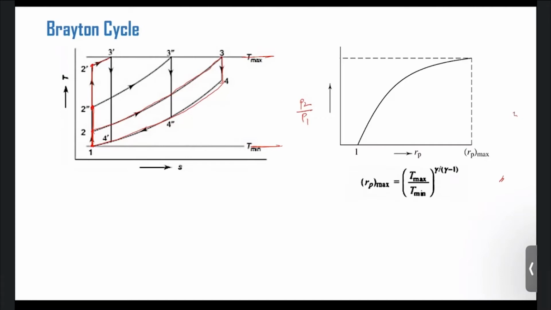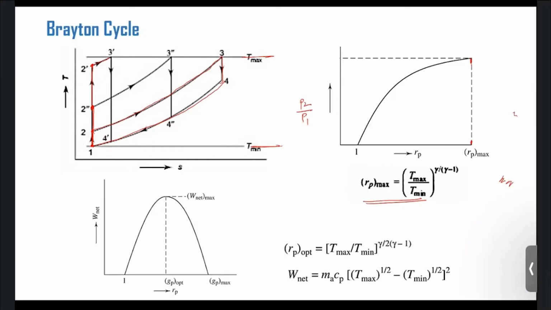Okay, so the maximum pressure ratio Rp we can get is (T max by T min) raised to the power gamma by gamma minus 1. That is Rp max, the maximum pressure ratio. But at this maximum pressure ratio, the work achieved is 0.